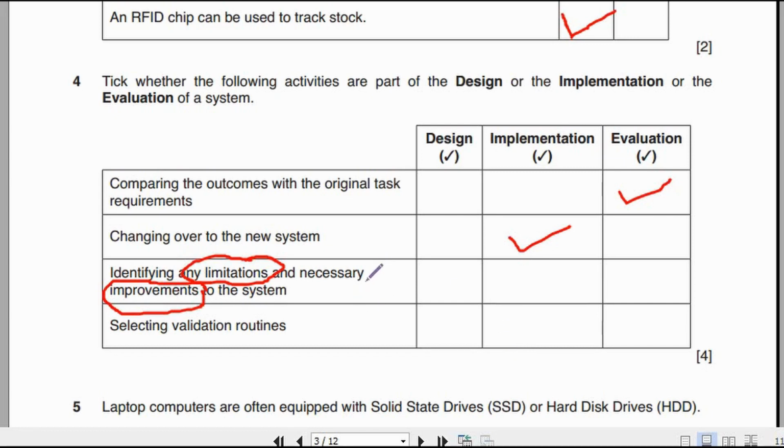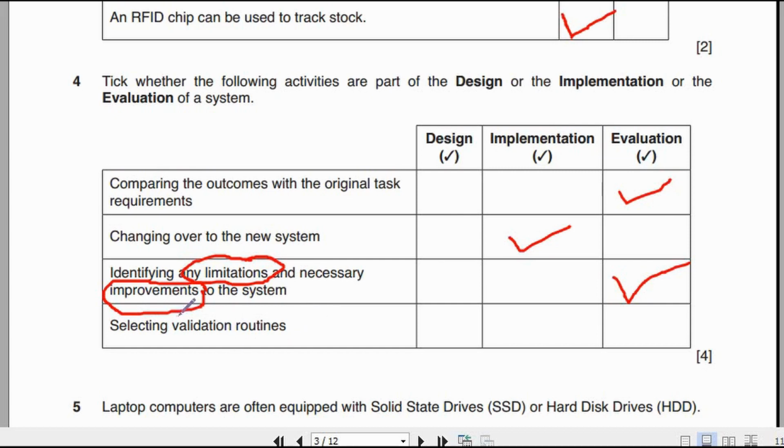This is again done once the system has been built, so it's part of evaluation. In evaluation we try to see what the outcome is, whether it matches the need, or whether anything else can be improved or added. This we discuss in the evaluation stage.